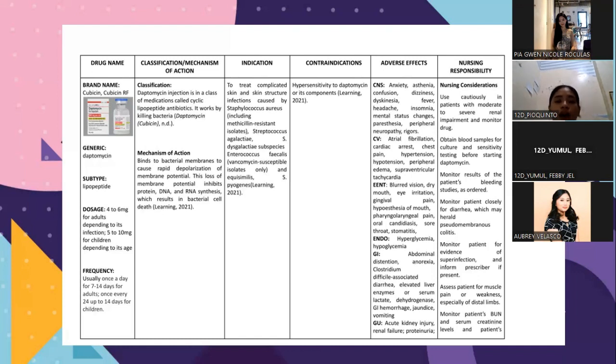So the adverse effects of this are, in the central nervous system: anxiety, asthenia, confusion, dizziness, dyskinesia, fever, headache, insomnia, mental status changes, paresthesia, peripheral neuropathy, and rigor. In cardiovascular: atrial fibrillation, cardiac arrest, chest pain, hypertension, hypotension, peripheral edema, and supraventricular tachycardia.